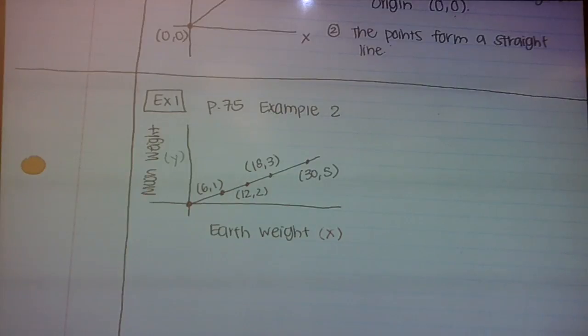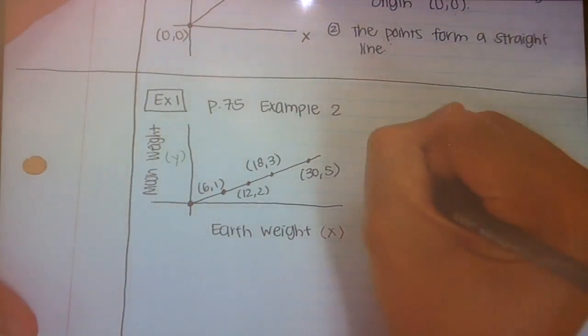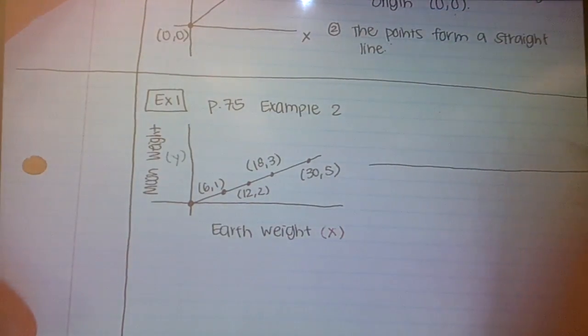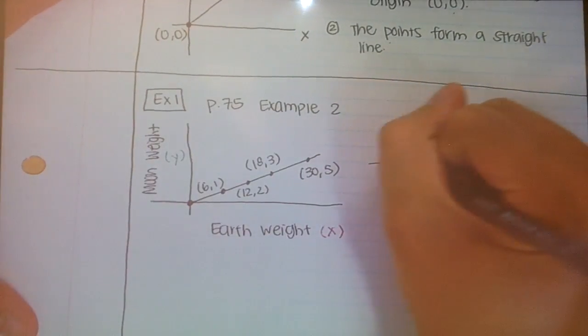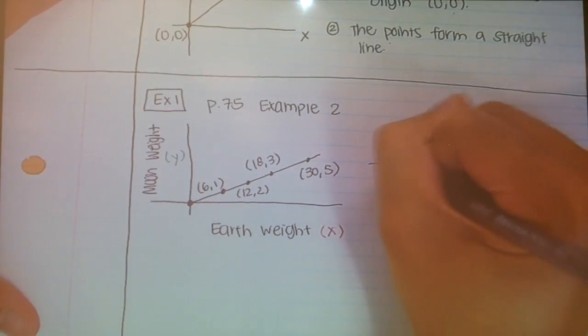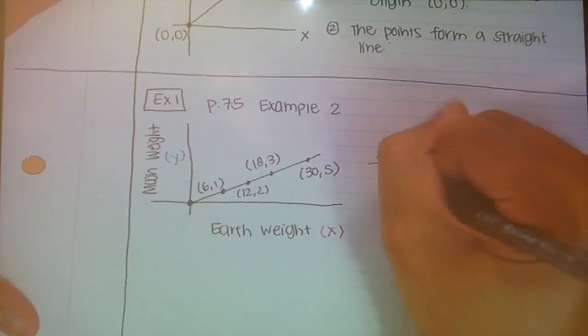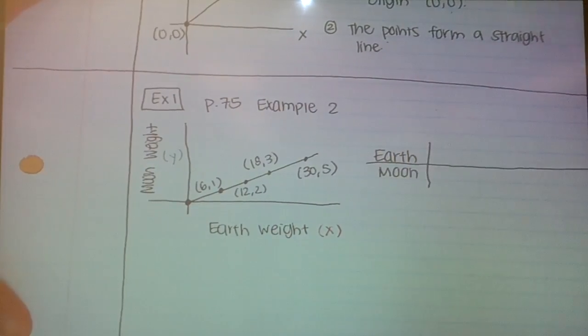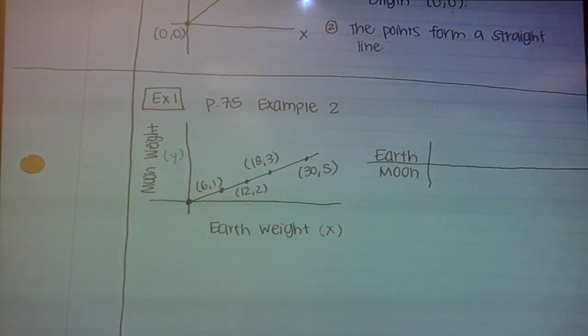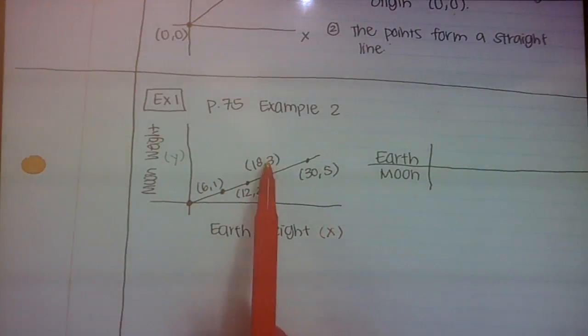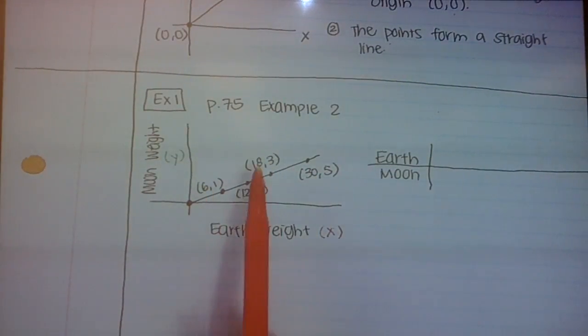So what I'm going to do is I'm going to take these points and I'm going to turn them into a table just like we had in the last lesson. So this is Earth in the x and moon in the y. So in these coordinates, all of the first numbers are the weights on Earth.